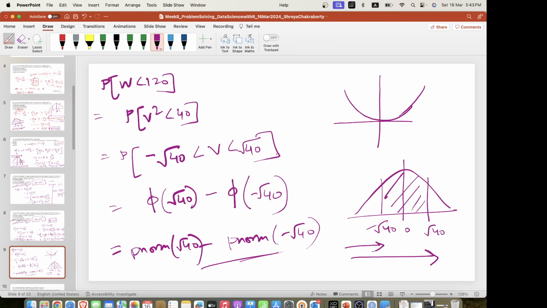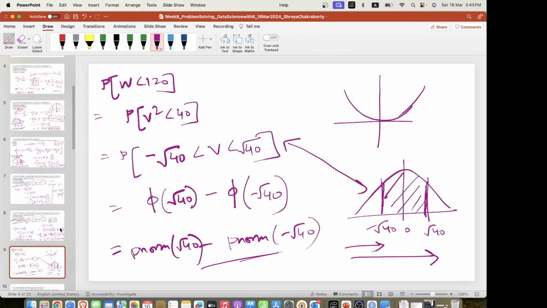Whatever comes here, you have to correlate it with this graph. If we want the area between, then by default p norm gives me the entire area below root 40. From there, if I subtract the area below minus root 40, I am good. I'm going to get this area.